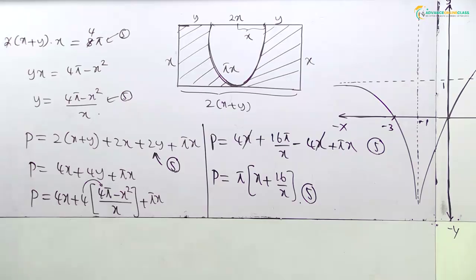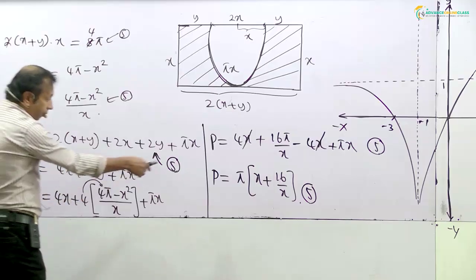Right, what is asked next? Hence, find the value of x for P to be minimum. We have to differentiate this, no? Right, differentiate that.